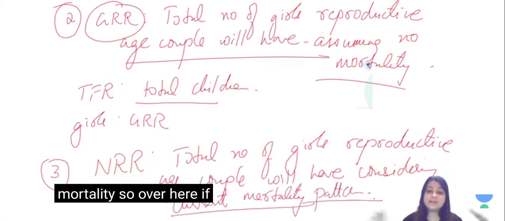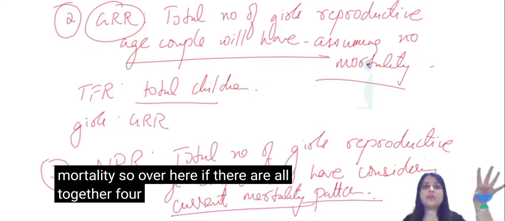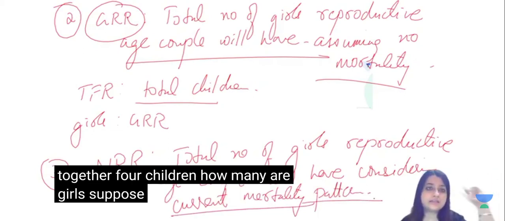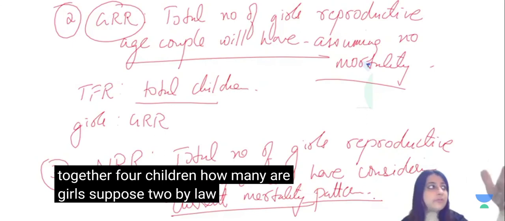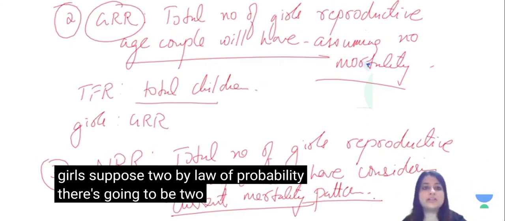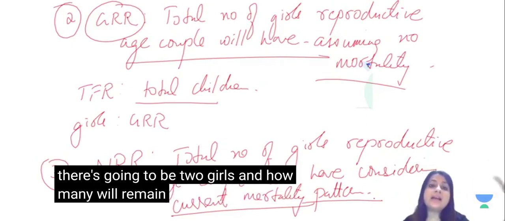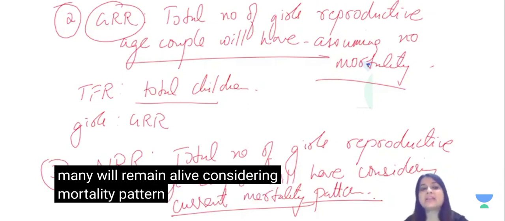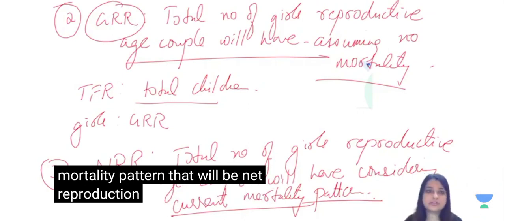So over here, if there are altogether 4 children, how many are girls? Suppose 2. By law of probability, there's going to be 2 girls. And how many will remain alive considering the mortality pattern? That will be net reproduction rate.